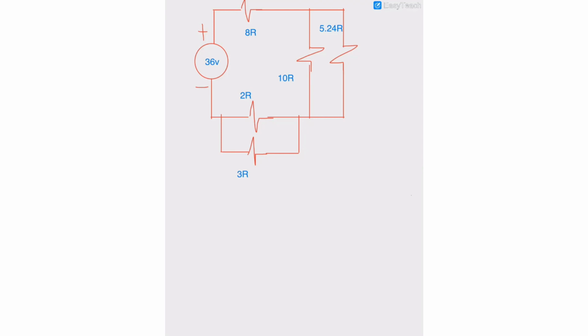We redraw, but it is very obvious that this section is again a parallel section, and this is again a parallel section, which is actually in a single path. If we replace this section by a single resistor like this one, and this section by a single resistor, this one, as you can see, there will be only a single path of electrical current.